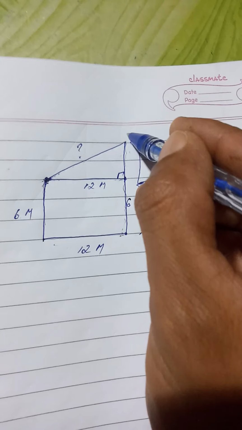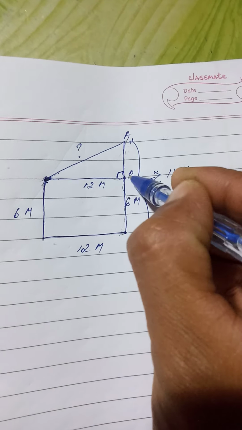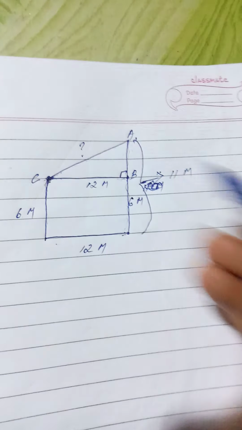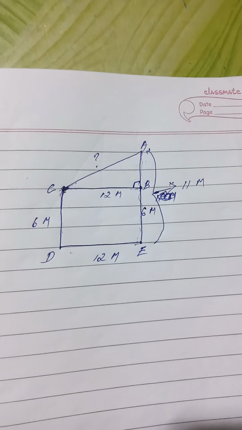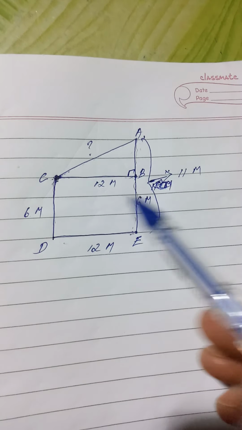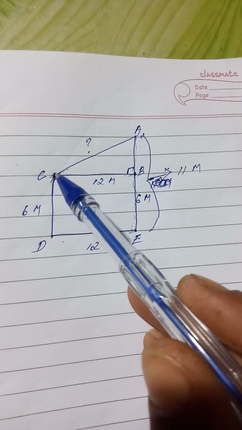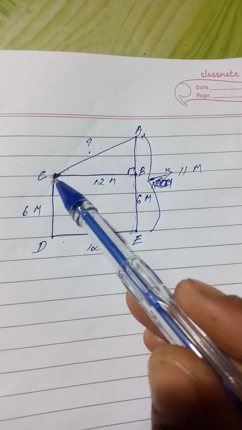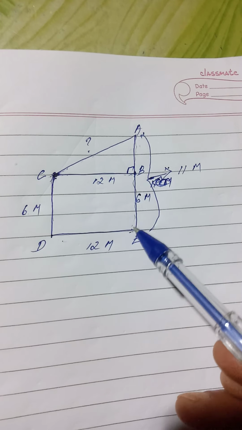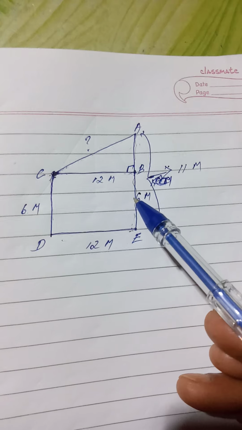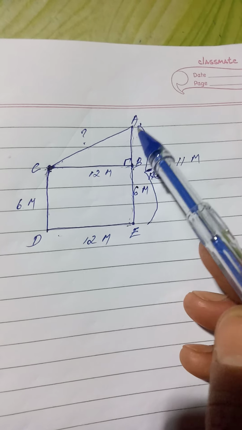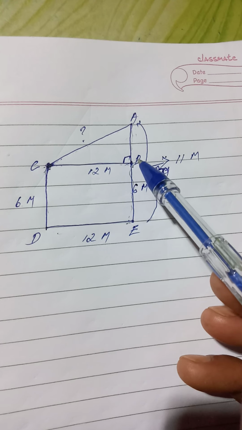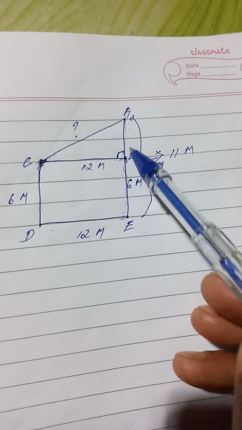So let me give the alphabet A, B, C, D, E. Look, this CD is 6, and then DE also 6. Then AB we can calculate.